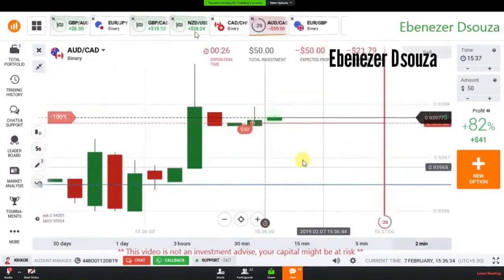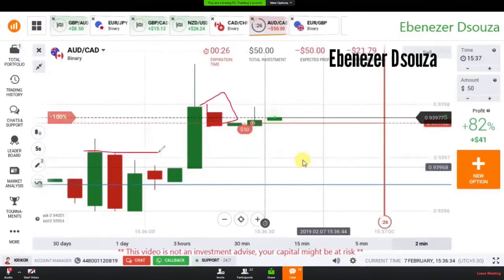But here we are seeing a confirmation candle, but not a strong confirmation candle. But there is a rejection. This is not a confirmation candle, and this is also not a confirmation candle. But I placed my trade because I thought the rejection was a confirmation candle, but this is not a confirmation candle. But always place your trade with a confirmation candle.